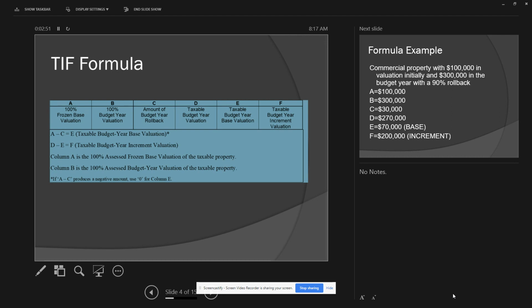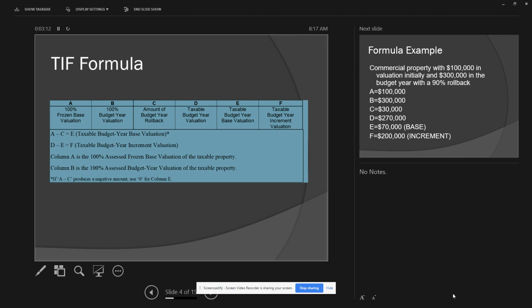And B, the budget year valuation, is: in this year that we're working in, what is the 100% value now? C is the amount of the budget year rollback. So in this budget year, how much rollback in valuation numbers are we looking at?